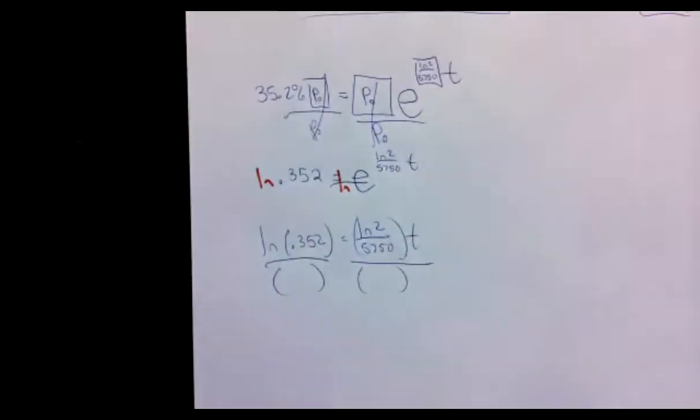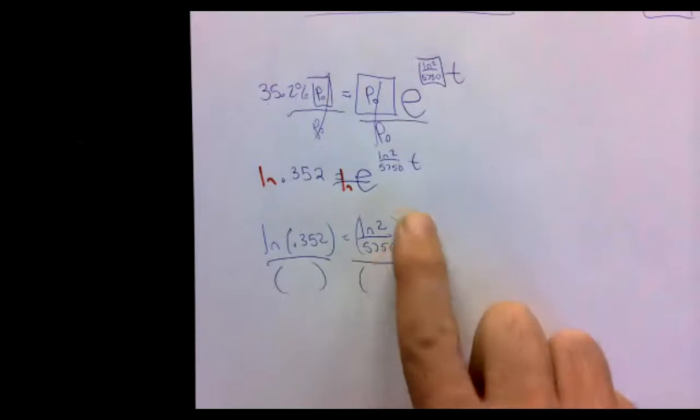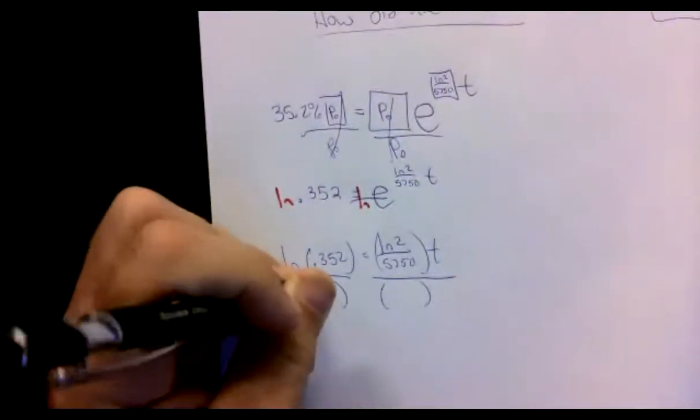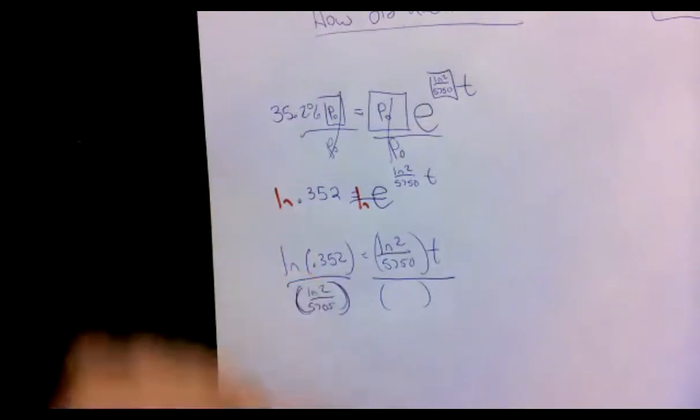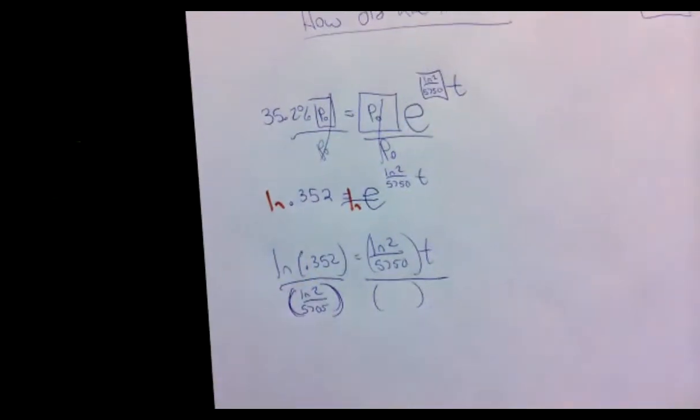So handy dandy calculator says natural log of 0.352 divided by, and again, you're going to need to put this thing into parentheses just the way it looks. When you divide, you're going to divide by this whole quantity to make sure you divide by the whole thing. So we're going to divide that by natural log of 2 divided by 5750.